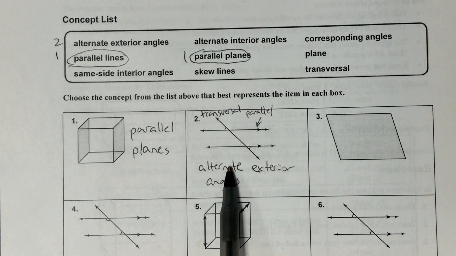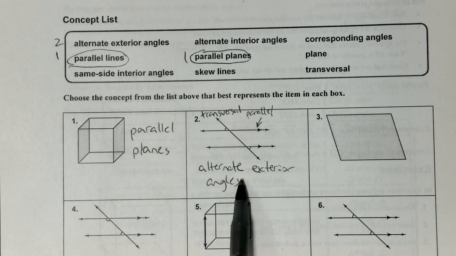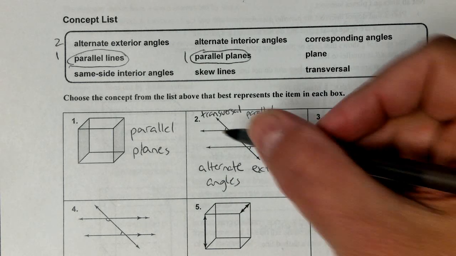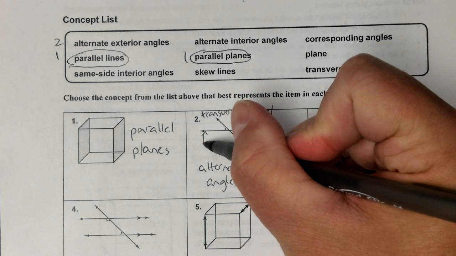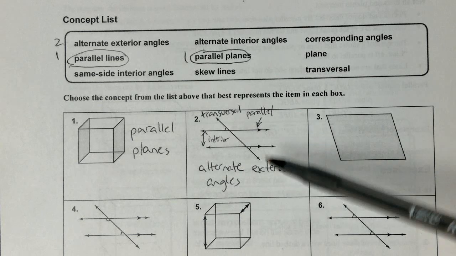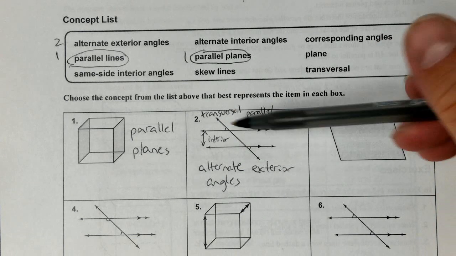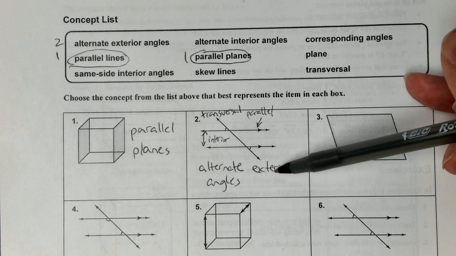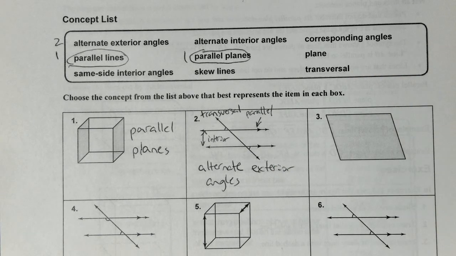We're going to get into some of the words for this in a few minutes and also tomorrow. But basically, think of between the parallel lines is called interior, and the angles that are marked are exterior because one is above and one is below. So we're going to talk about interior and exterior.